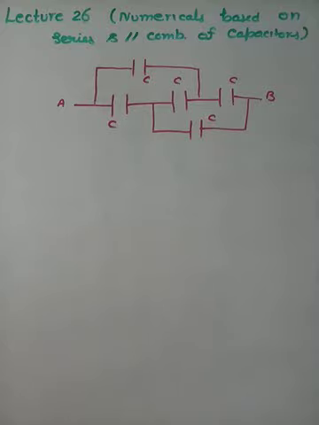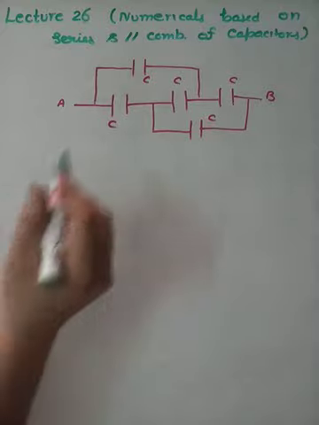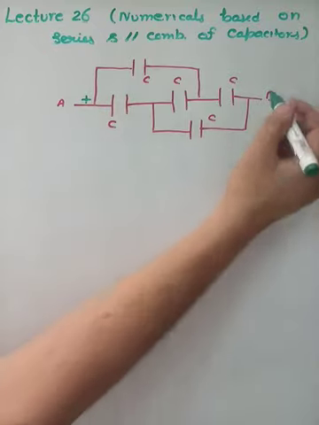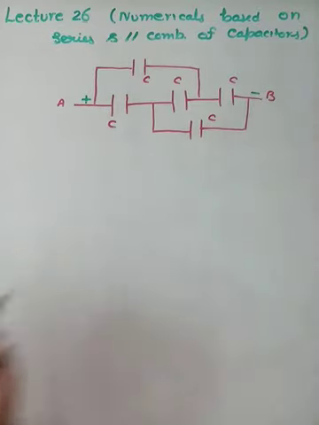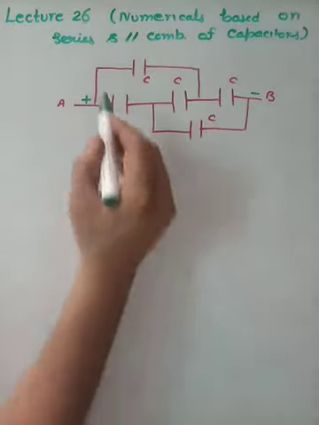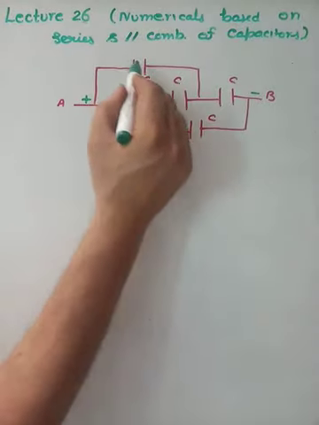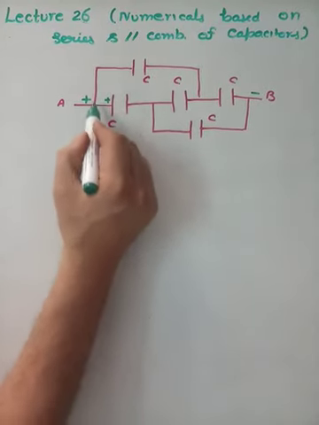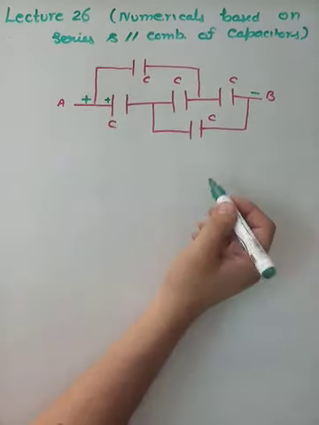Now these types of questions can be handled by considering that A is connected with the positive terminal of a battery and B is connected with the negative terminal of the battery.